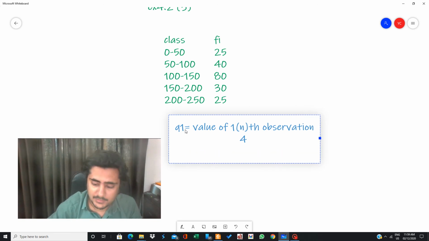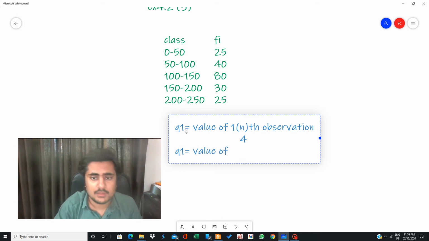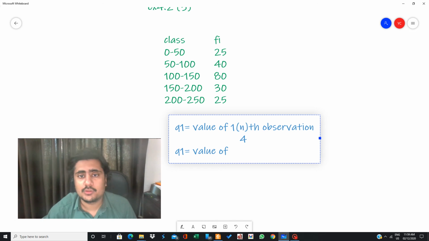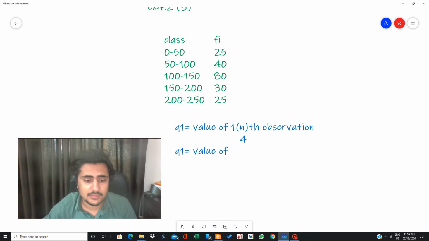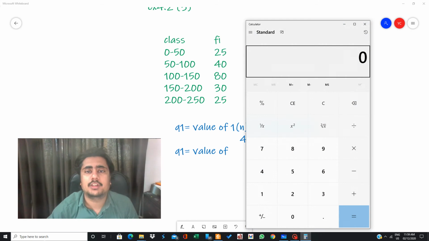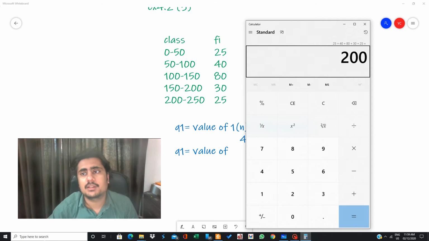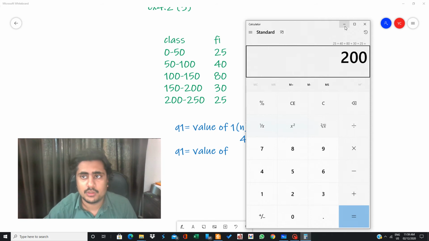Now Q1 is value of 1 into n upon 4th observation. What is n? n is the total of frequency. The total is 25 plus 40 plus 80 plus 30 plus 25, so the total is 200.